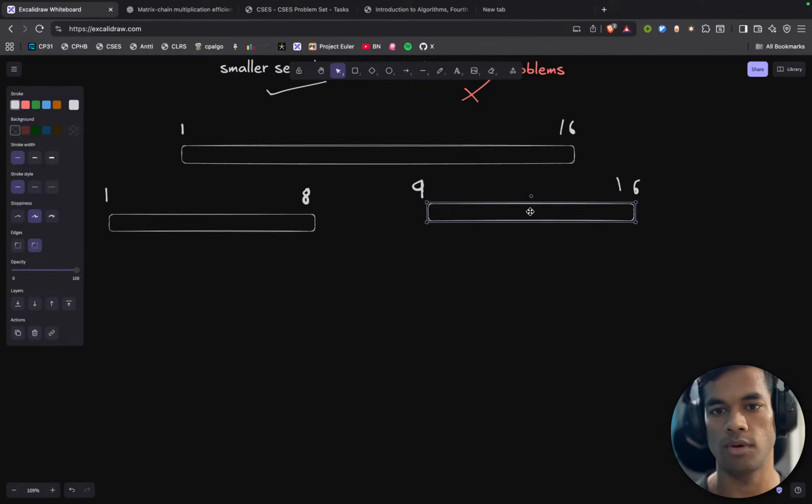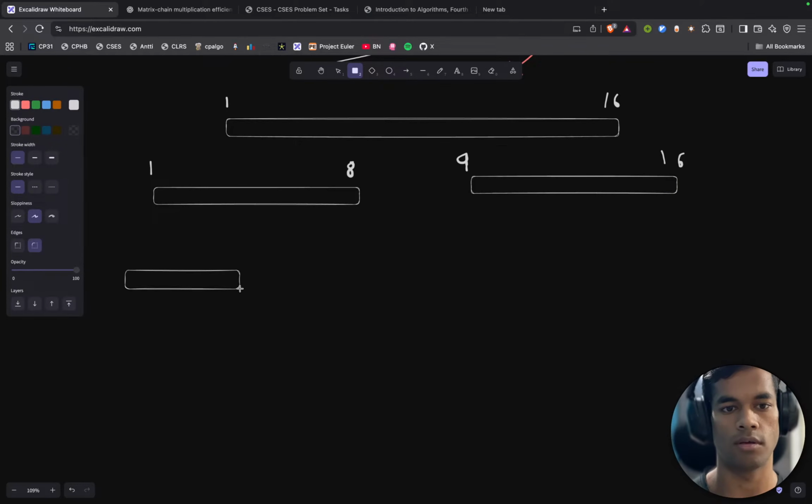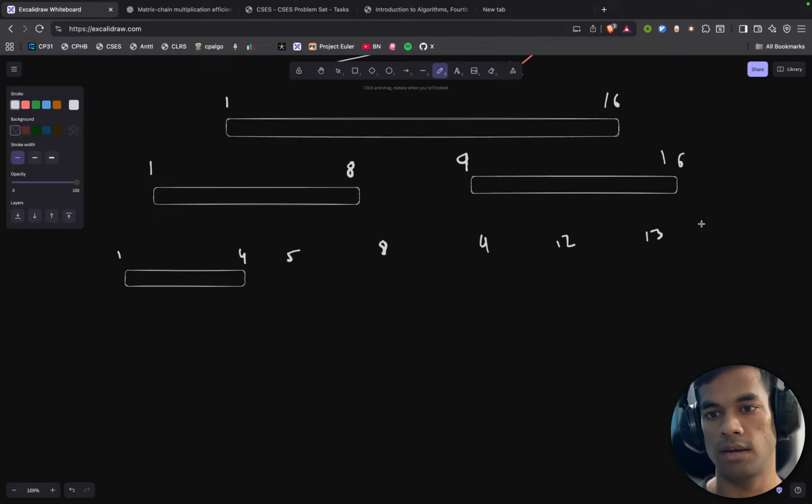Those are the new arrays that we get, and then we divide these further into smaller arrays: 1 to 4, 5 to 8, 9 to 12 and 13 to 16.